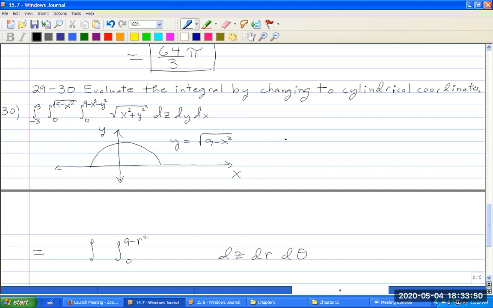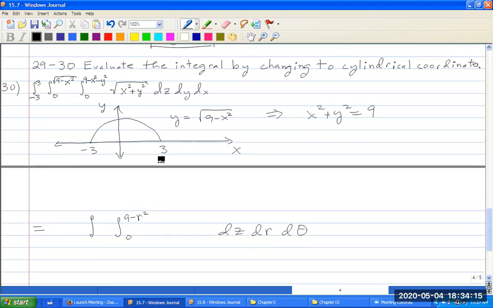In other words, this is x squared plus y squared is 9. And so this is just the upper half of a circle centered at the origin of radius 3. X goes from minus 3 to 3. Therefore, this region here is just the upper half of a circle.